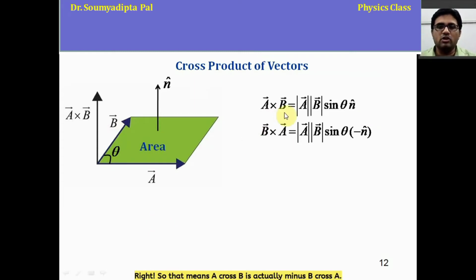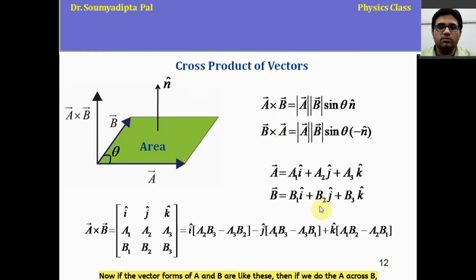So A cross B is actually minus B cross A. Now, if the vector forms of A and B are like this, then if we do A cross B, we can get this form, and you can see this is another vector.